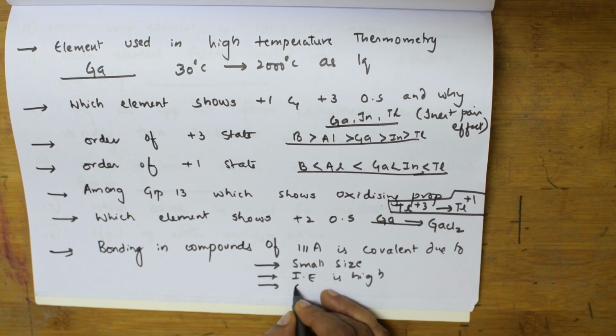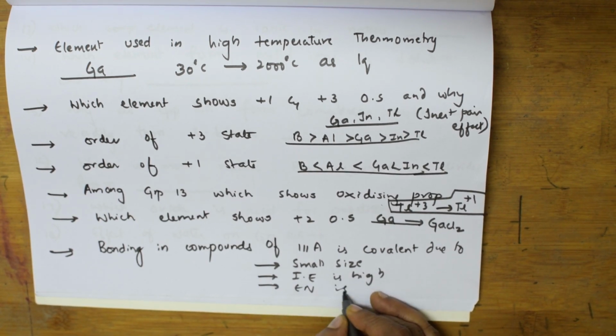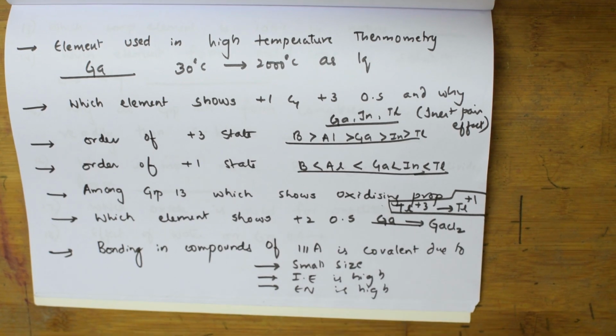Next, third reason, electronegativity is very high. That's the reason it shows covalent character. So these factors they give you as options. You can mark all these factors, they are important for a compound to form a covalent bond.